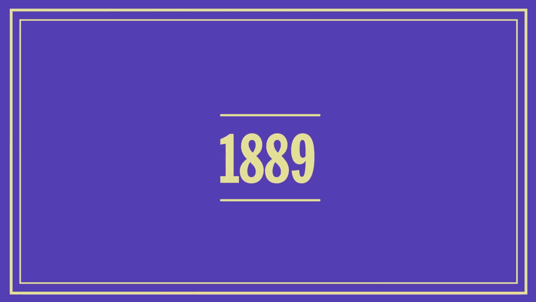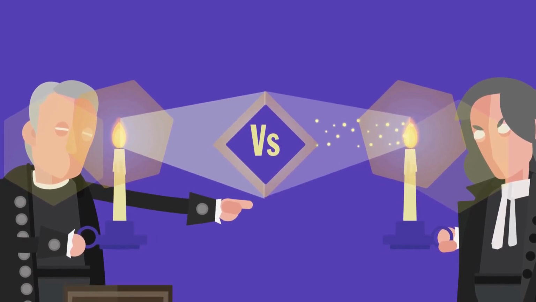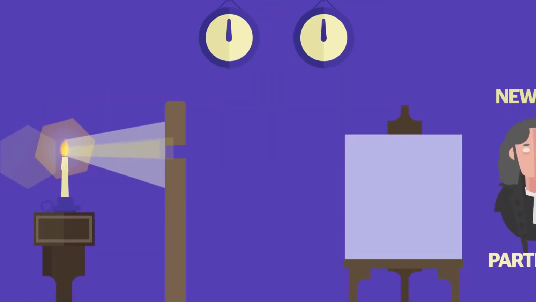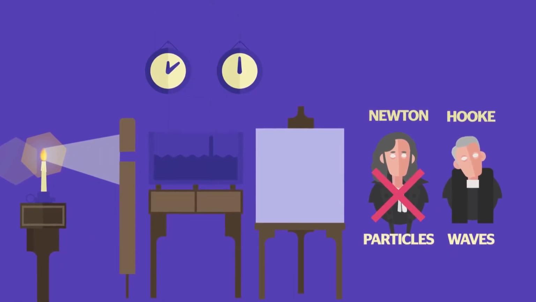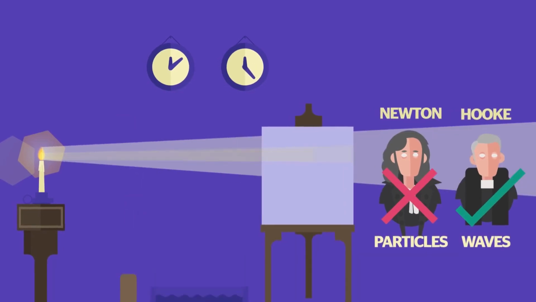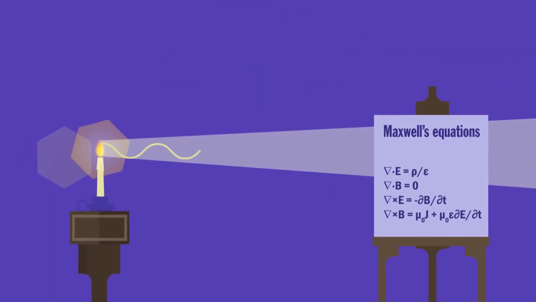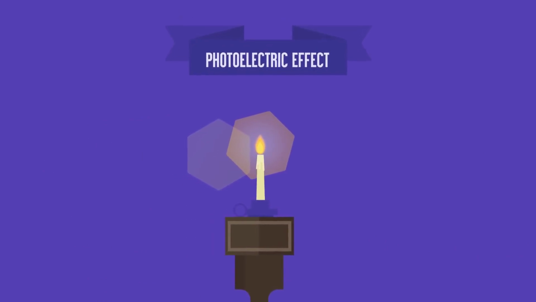Okay, let's rewind a little. Newton had thought light was made of particles, and his rival Hooke had thought it was a wave. And when technology advanced enough, some experiments proved Hooke was right. That proof, and Maxwell's equations describing light's behavior as a wave, made the debate die down, until the photoelectric effect was discovered.